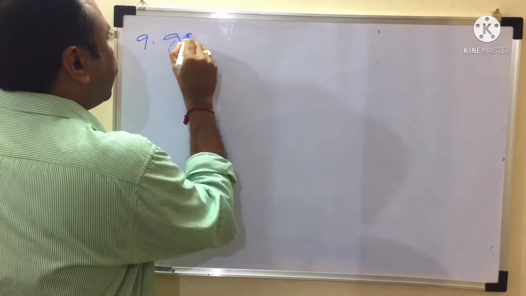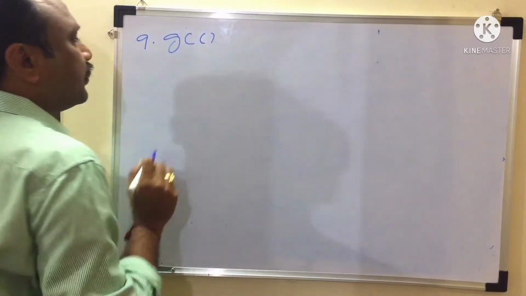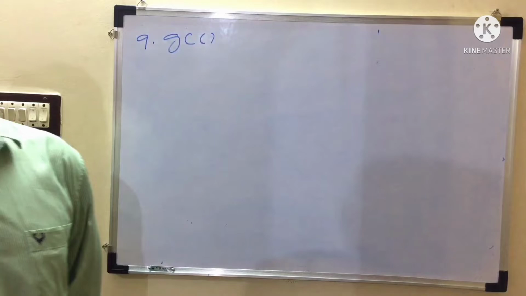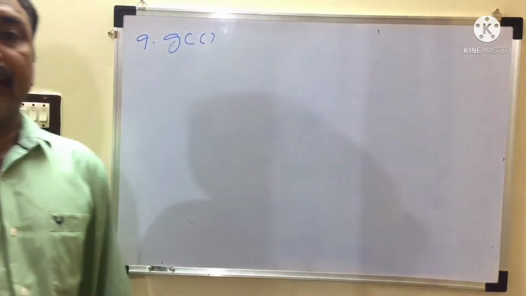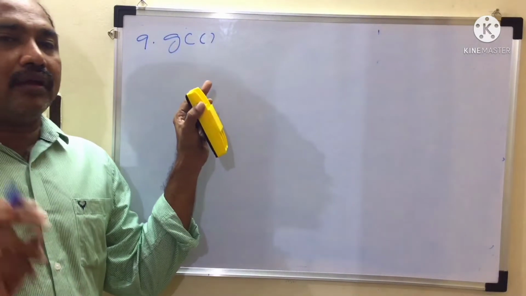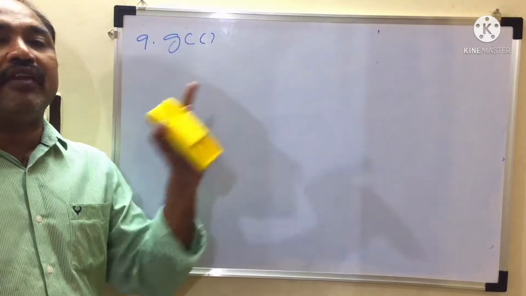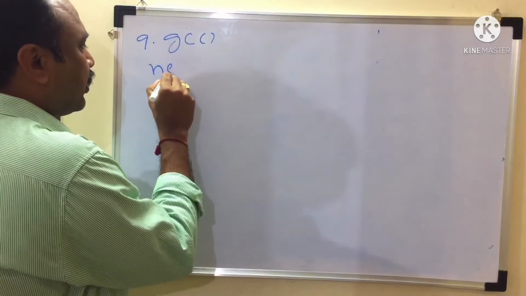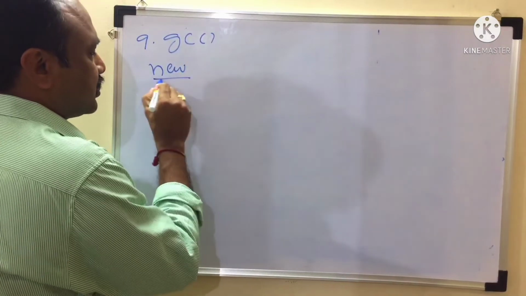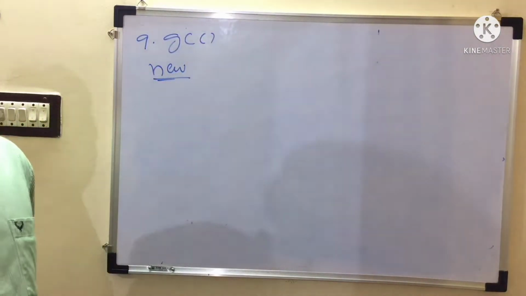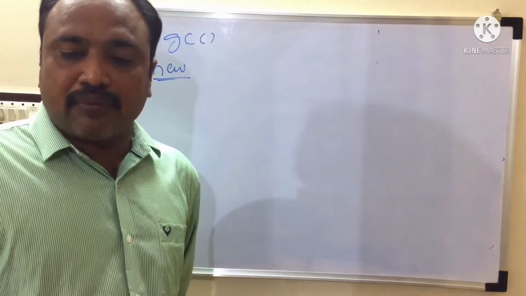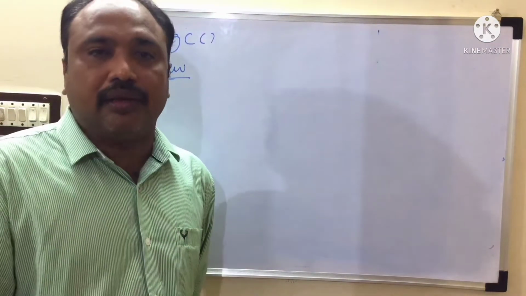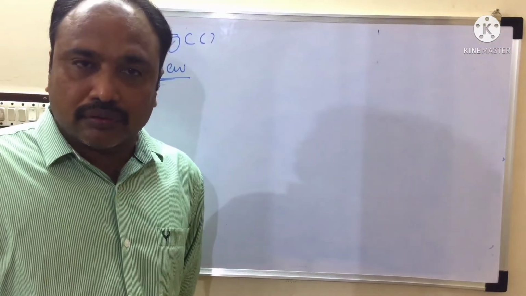What is GC? GC means garbage collection. In Java language, as I explained in the last video, everything happens at runtime. The new keyword is used to create objects of a class. Whatever objects we are creating, these objects are automatically removed.